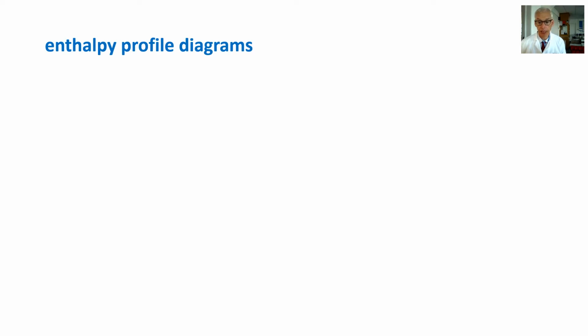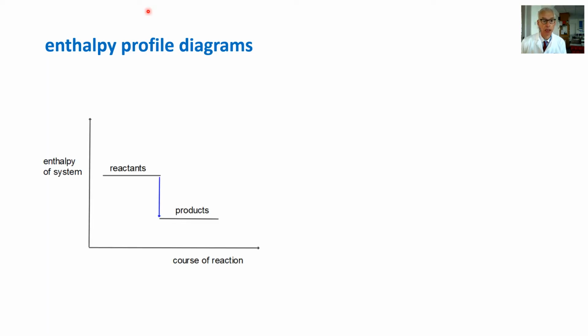You are expected to produce enthalpy profile diagrams. So let's do this by example. If I share this enthalpy profile diagram, can you decide whether it is for an exothermic or an endothermic reaction? Pause and decide. So the reaction is for an exothermic change, and we have reactants of higher energy than products.